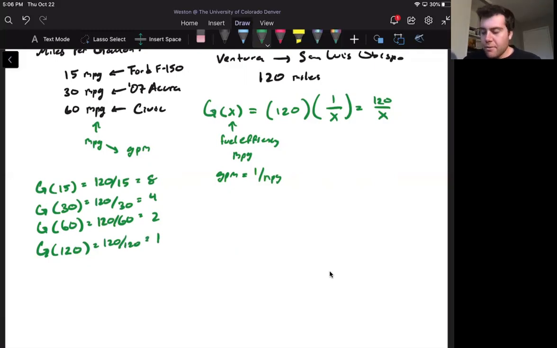So yeah, we've doubled fuel efficiency, but all we've done is halve how much gas we're using, which is actually kind of interesting to think about, because when you get to these higher numbers, it matters less what your fuel efficiency is because of what's going on with the division here.